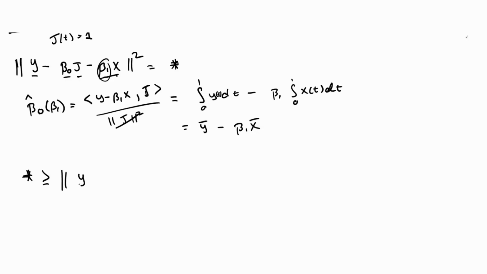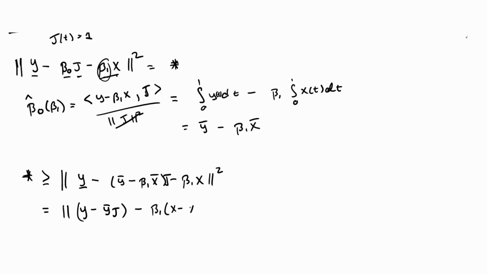So we can make it smaller by plugging in y bar minus beta 1 x bar, and then we can rewrite that as y minus y bar times j, minus beta 1 times x minus x bar times j.